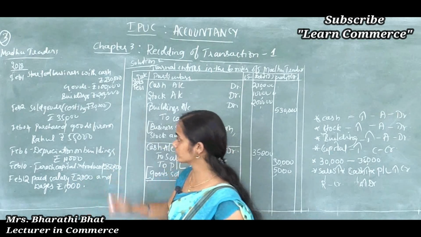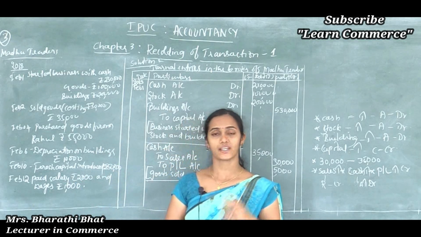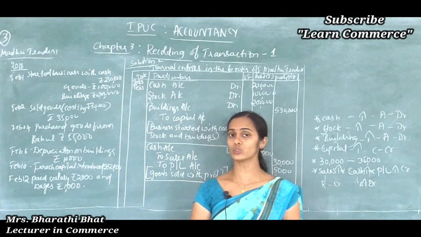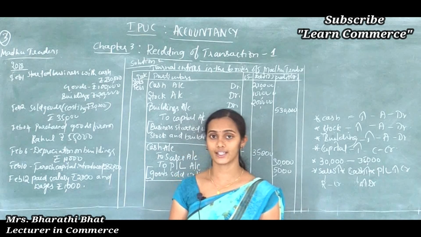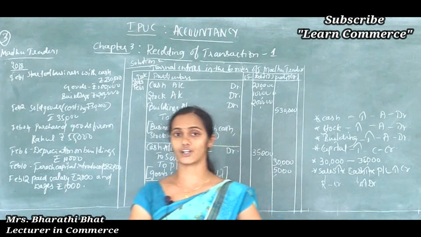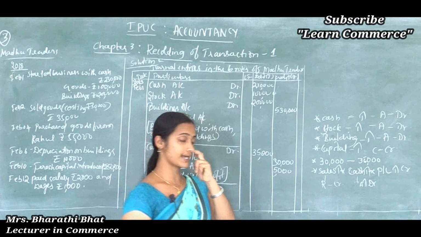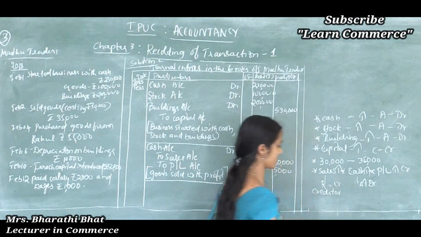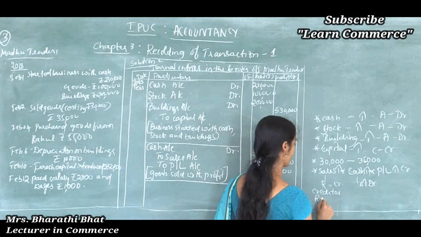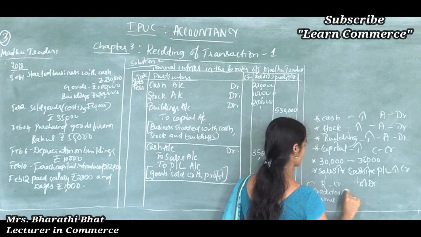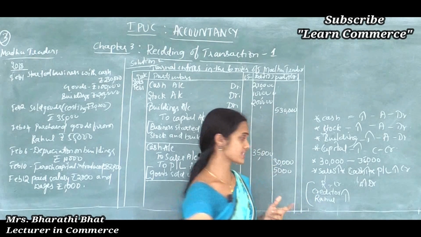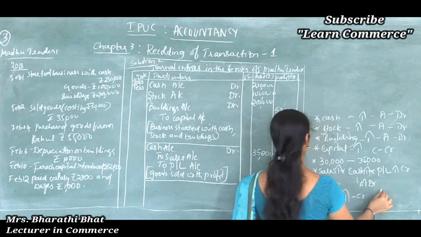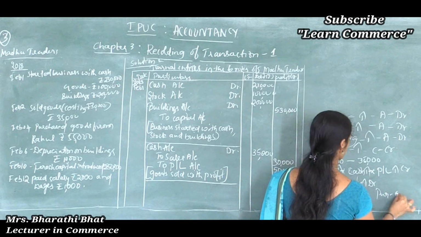Next transaction, purchased goods from Rahul. Here from Rahul we purchased goods, then it is considered as a credit transaction. So how can we record the transaction here? Rahul is considered as creditor. In the previous case we discussed the same case. Creditor Rahul shows increased value. Increases in creditor, increases in liability is to be credited, and purchase is considered as expense.